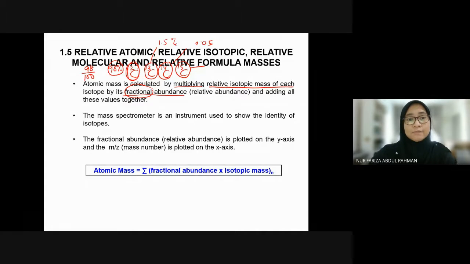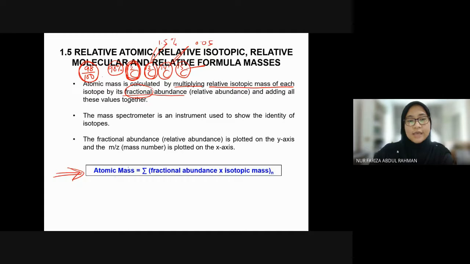So we have to multiply the mass just now with this fractional abundance. This is for carbon-12, and then carbon-13, carbon-14, and carbon-15. And lastly, we need to total all the masses in order to get the average atomic mass. So that's basically this formula.